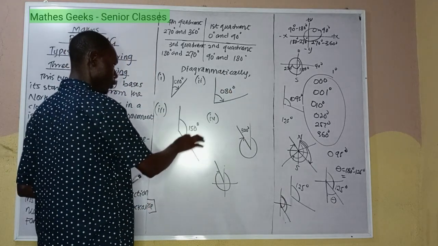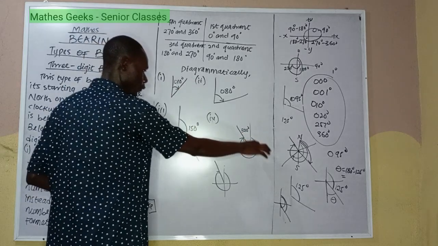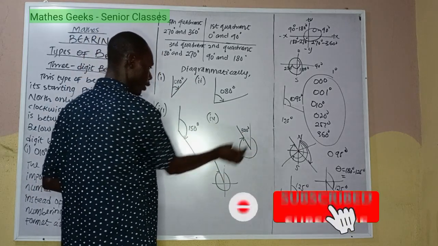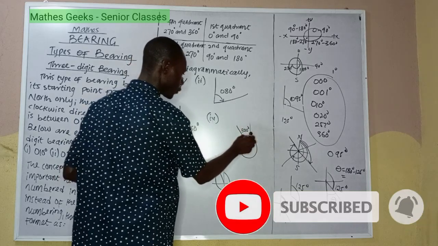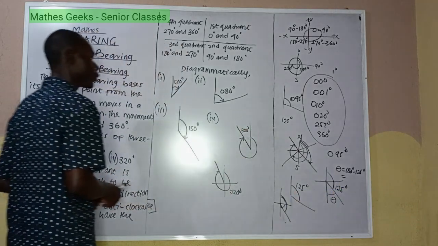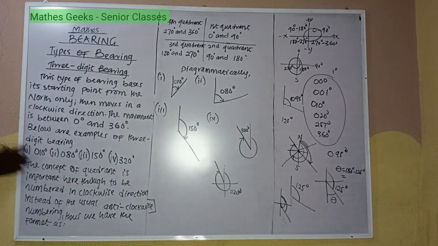So it's going to be from behind. This is the compass form, and this is just plain. This is 320 degrees, and here is also 320 degrees. So this is how we represent 3-digit bearing diagrammatically.